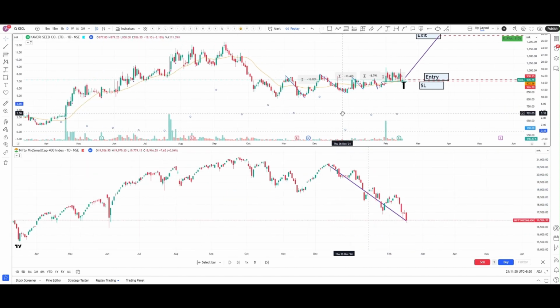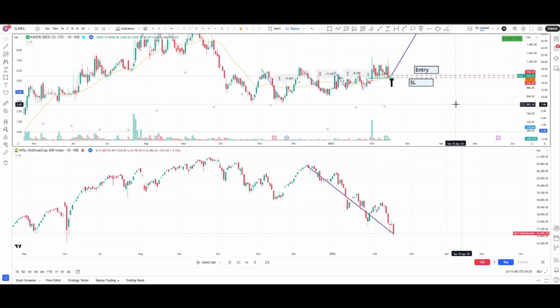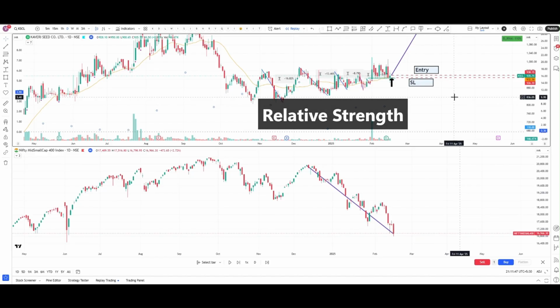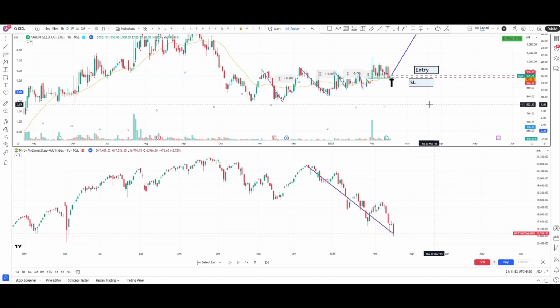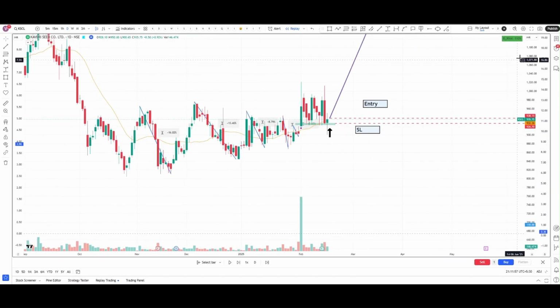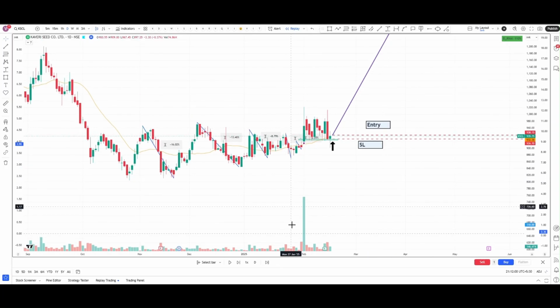That means KSCL was showing very strong resistance towards the market, or very strong relative strength. So these were the logics that I found sufficient to take entry on the next day, on this particular day.